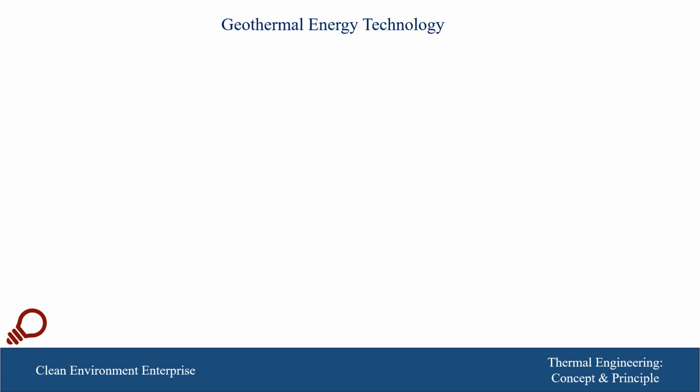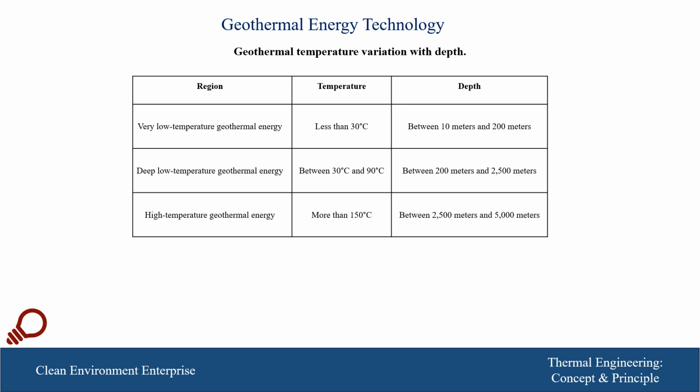Now let us consider the geothermal energy and the temperature variation as we go deep in the ground. We may find this table in the open literature, which shows the variation of temperature with depth. For example, for depth between 10 meters up to 200 meters, the temperature will be around 30 Celsius. If we go deeper to 2.5 kilometers, the temperature may range between 30 and 90 Celsius.